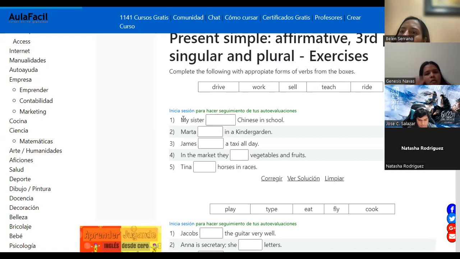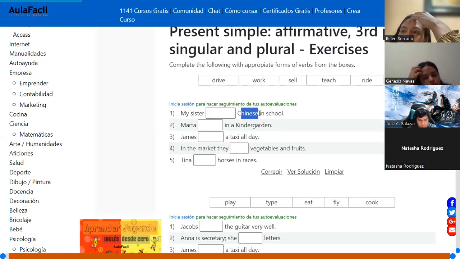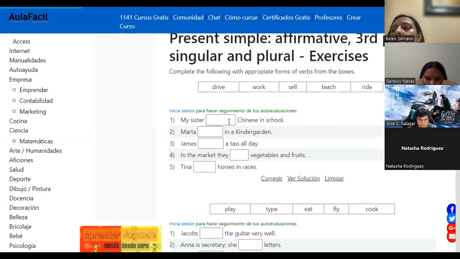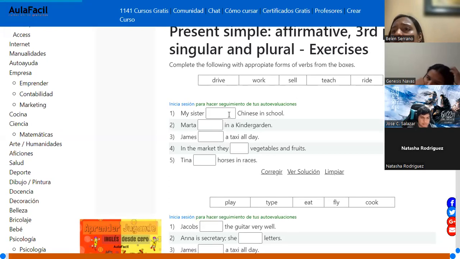Now, we have the first sentence. My sister, blank, Chinese in school. Which of the 5 verbs is most suitable here? My sister drives, works, sells, teaches, or writes? Chinese is a language. Belén? Teach.